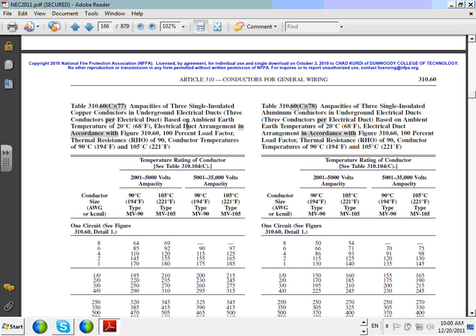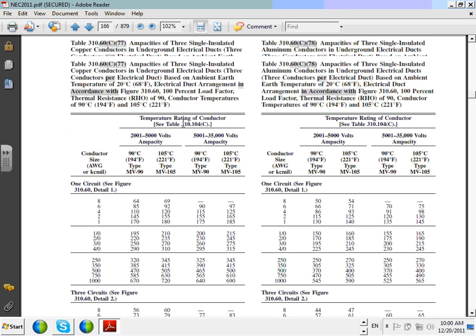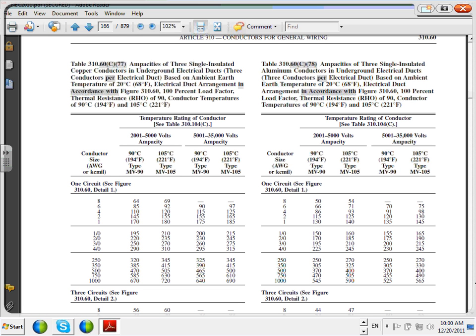And detail 1. Okay, so let's highlight this table and stop right here. This is the table I'm going to use, but I want to highlight a few things. Number 1, what's the voltage system that we have? 4160, right? So I'm right in here. This is up to 5000 volts.